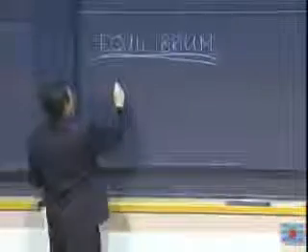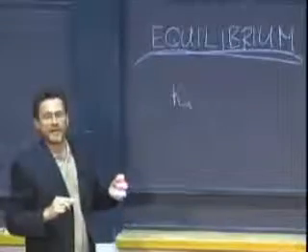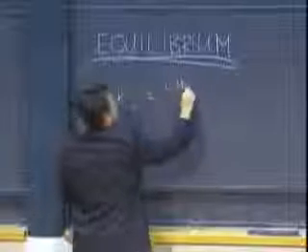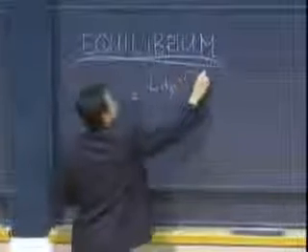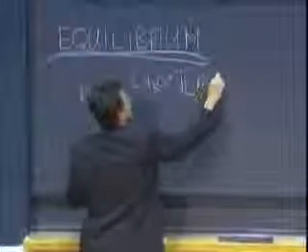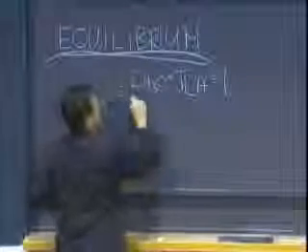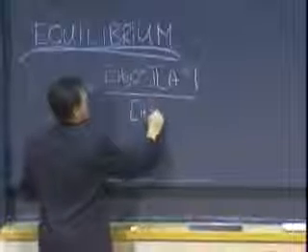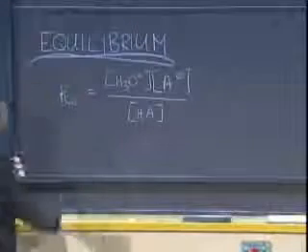The first of these has the equilibrium constant Ka, and that's going to be H3O plus times A minus, which is acetate in the case of acetic acid, all over HA.